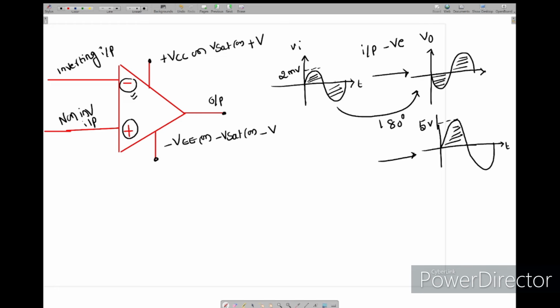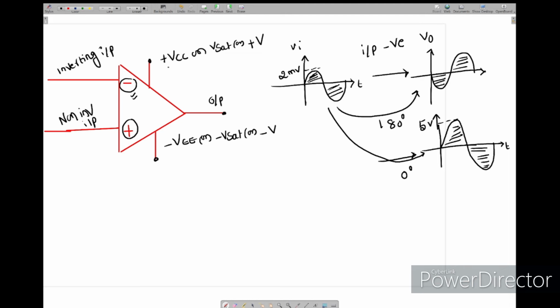The positive portion appears at the positive side only, and the negative portion, amplified, appears at the negative side only. So from input to output we are getting 0° phase shift. When we give input to the non-inverting input we get the same waveform, only amplified, with no phase shift. That's what we call the non-inverting input, and the other the inverting input.